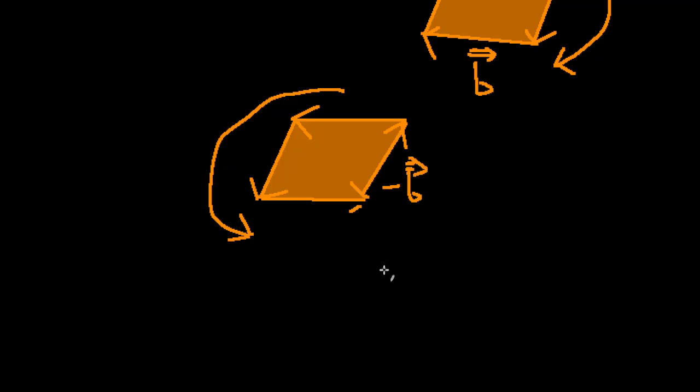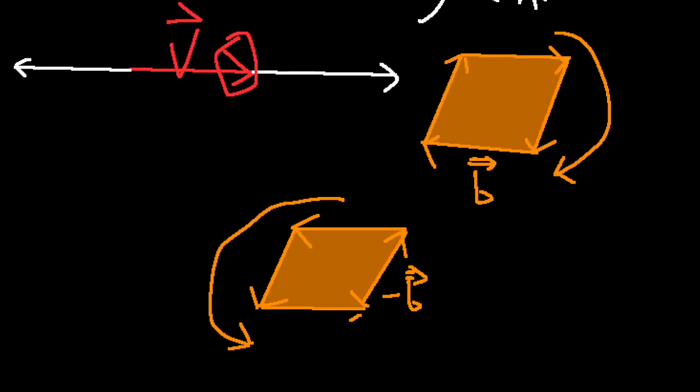Of course, you might know that if you negate a vector, this is minus v, the orientation of the vector is actually reversed.